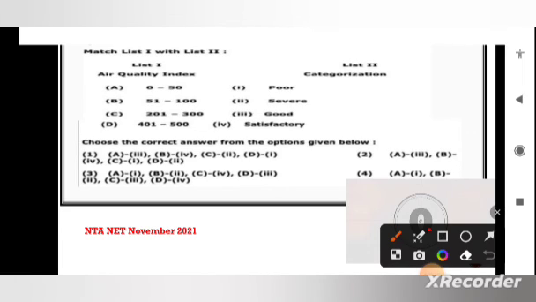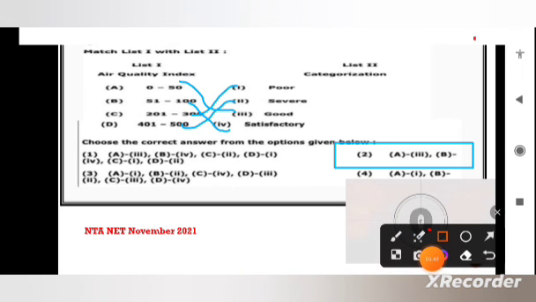So, from 0 to 50, the air quality will be good, and from 400 to 500, it will be severe. From 51 to 100, it will be satisfactory, and from 201 to 300, it will be poor. So here our correct option will be option second.